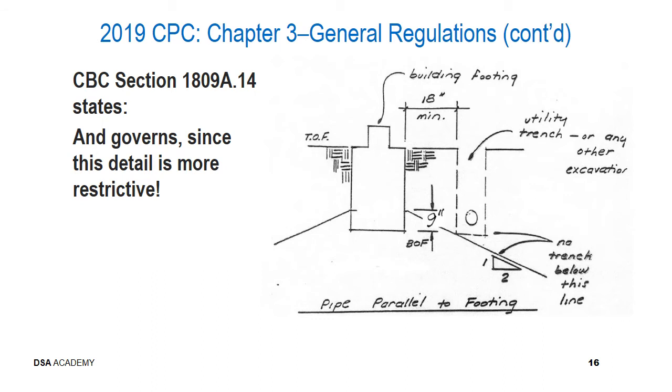Now, as an exception, if the soils report identifies that a different zone of influence is applicable and that the CPC definition for a zone of influence is acceptable based on the soil conditions, then that's approved and that should be adhered to, and will override this particular more strict interpretation in CBC of a zone of influence.